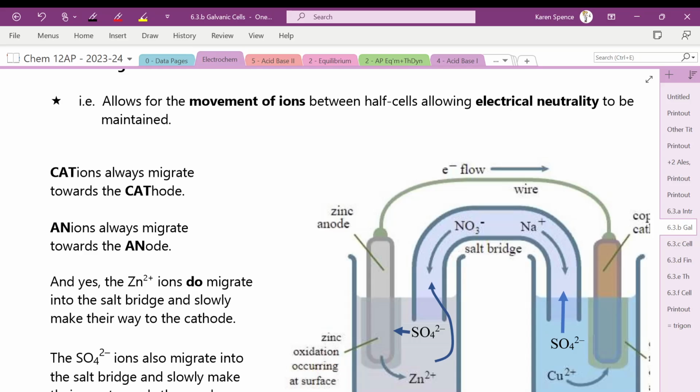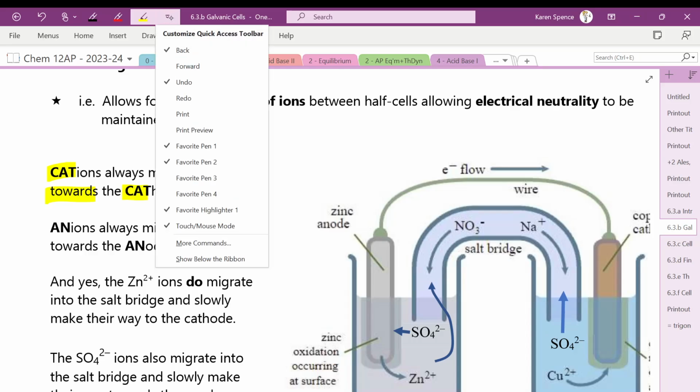That's the actual reason it's called a cathode, is because that's where the cations go towards. Okay, so which direction do cations go? Cations go towards the cathode. So that's something you need to know. You can figure it out.